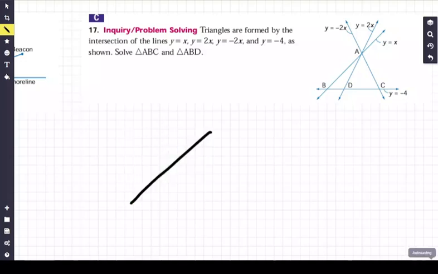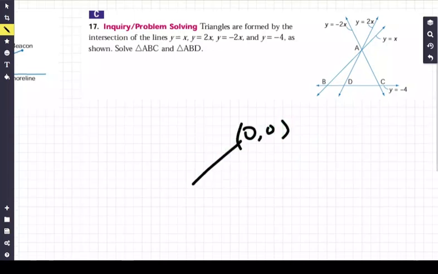Now let's find B. Where does y equals x intersect y equals negative 4? Since y equals x, x equals negative 4. So B is negative 4, negative 4.